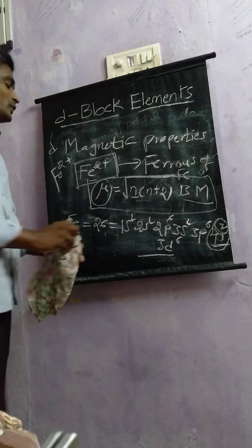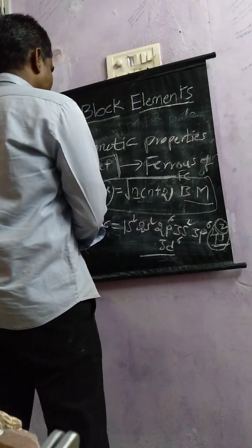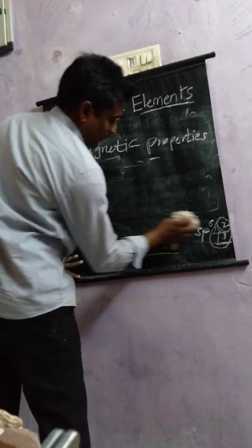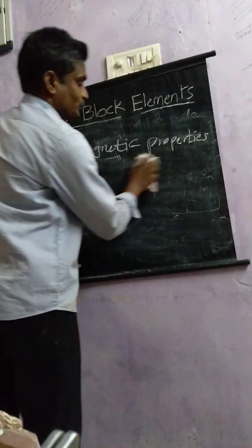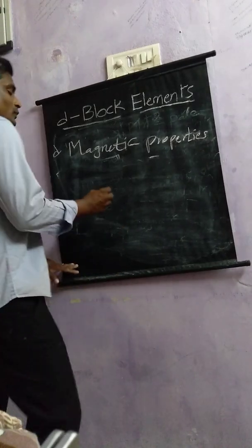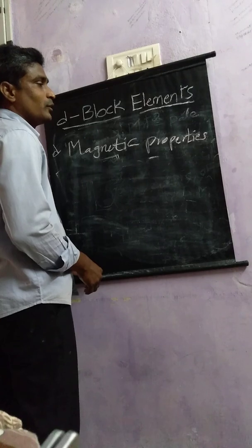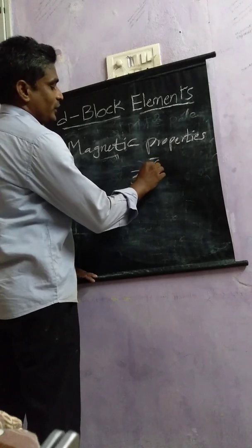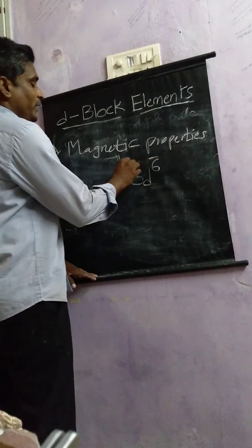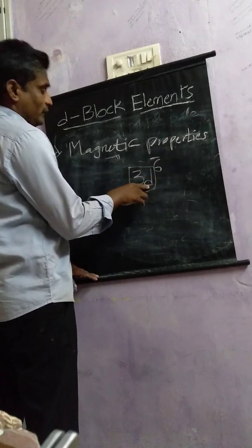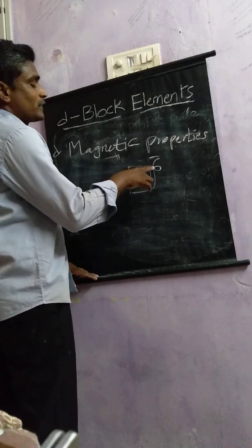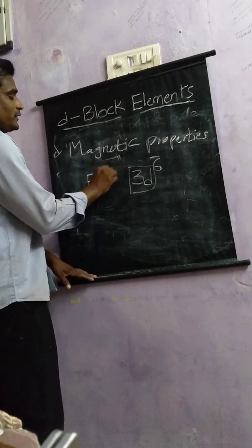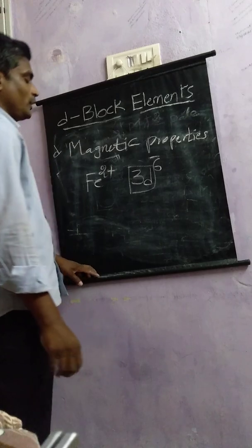What are the remaining electrons? After removing 2 electrons from the 4s orbital, in its outermost shell there is only the 3d sublevel, and it contains 6 electrons when iron is in +2 form.